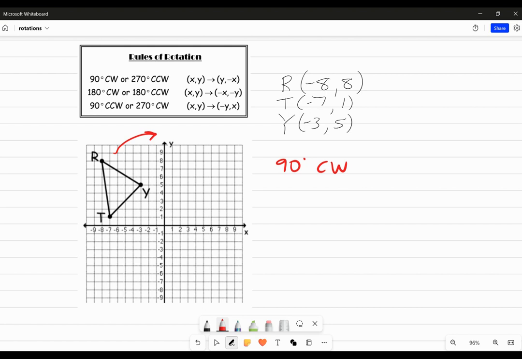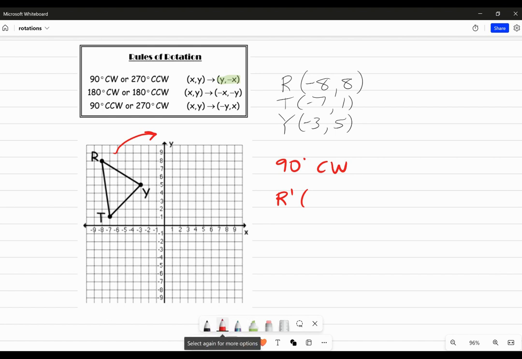So using the rules, my coordinates for R prime, if you take a look, the rule for 90-degree clockwise is just taking the y value of your original point and putting it in the x coordinate, and then taking the x coordinate and switching it with the y value and switching its sign.